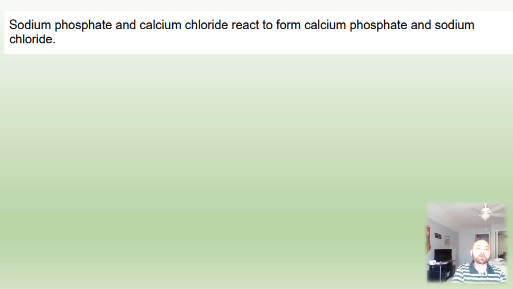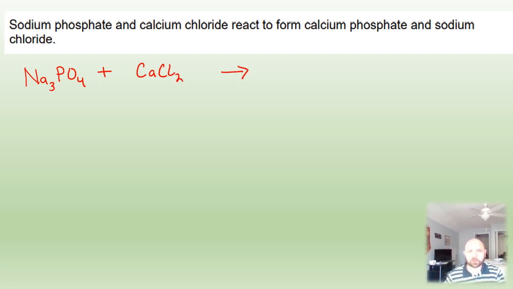And so I would use the charges to determine the formulas for each of the compounds, and I would come up with the fact that sodium phosphate is Na3PO4, and it reacts with calcium chloride, which would be CaCl2, to form, and I put my yield arrow here, calcium phosphate, which would have the formula CaPO4.